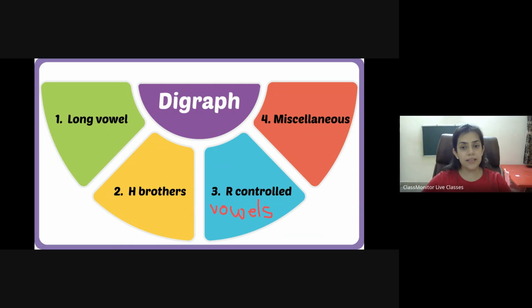Now the first is the long vowels. First we'll understand what these long vowel sounds are. You hear the sounds as A, E, I, O, U. Once again, let's start.